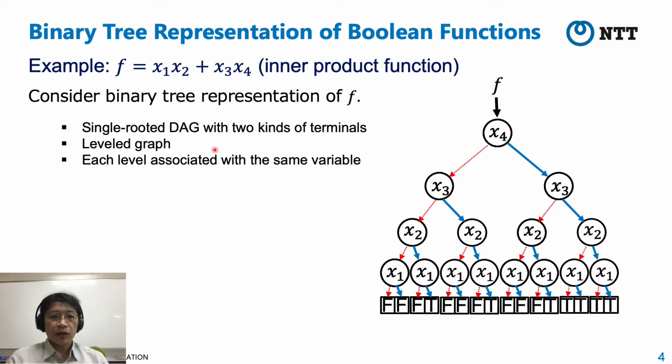And this is a leveled graph in the sense that each level is associated with the same variable. For instance, every path from the root to a leaf corresponds to an assignment to the variables. If x4 is 1 and x3 is 0 and x2 is 0 and x1 is 1, then we can get the function value.